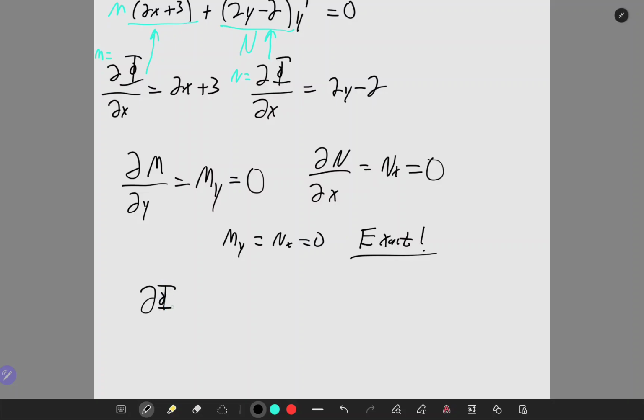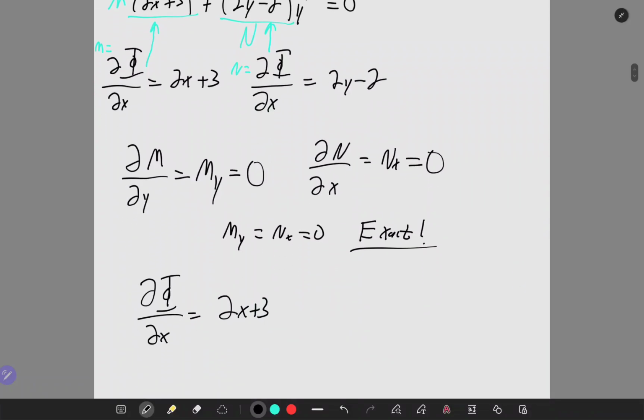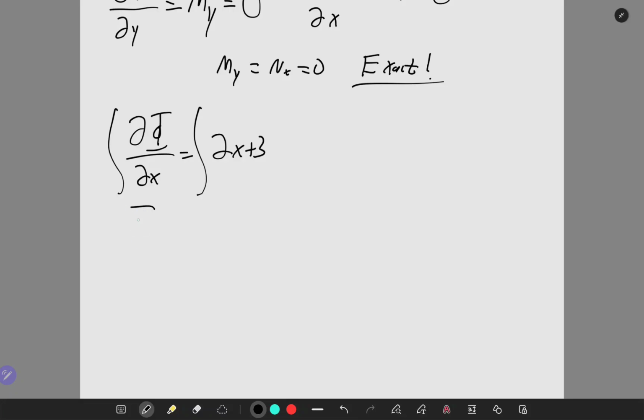So the partial of phi with respect to x is equal to 2x plus 3, right? Now, you'll notice here, all we have to do is integrate. So if we integrate the left side, that just becomes phi. And the right side will become x squared plus 3x, right?